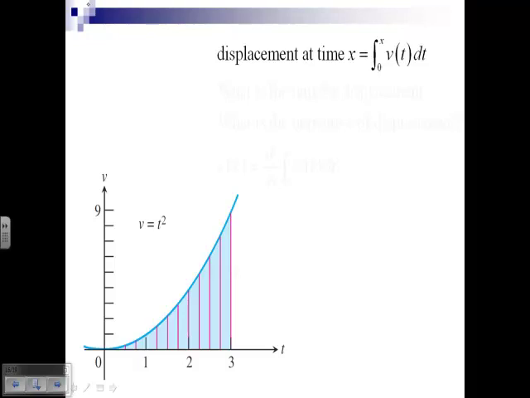It's like I'm at position 8/3. It's returning something that's kind of acting like a position. Are you okay with that idea? It's a function, and it's a position function to boot. All right. What would be the unit for this displacement? Feet. A linear measurement.